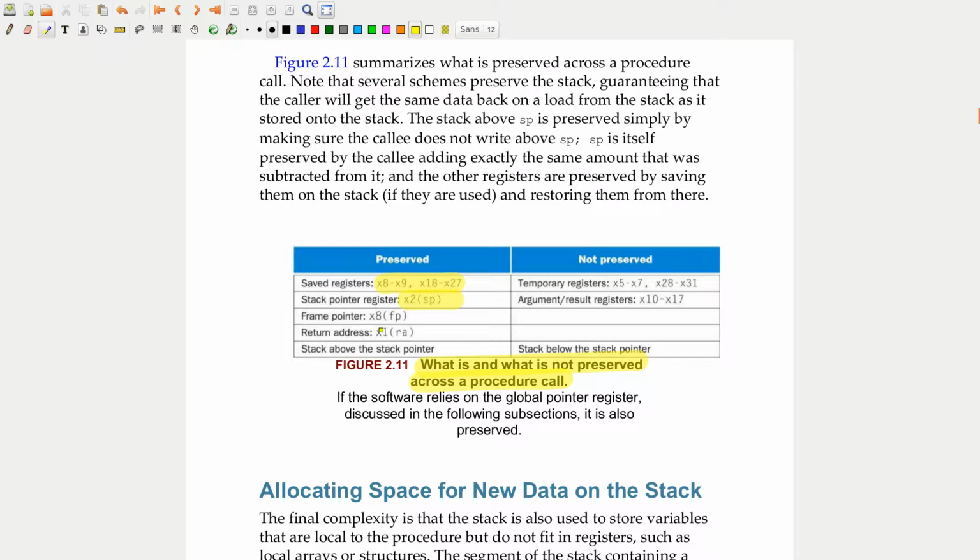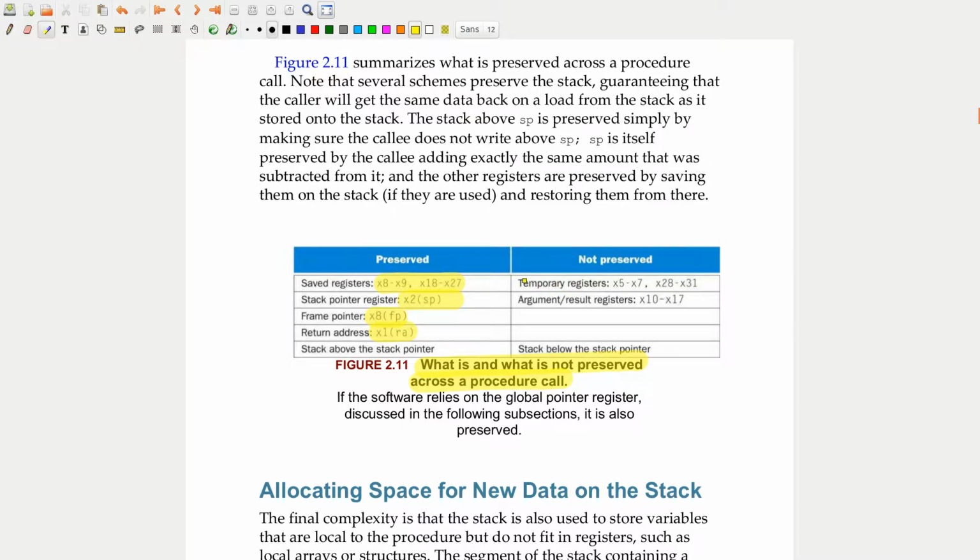That has to be preserved because that's where we're storing the data that we're trying to transfer to a procedure. There's a frame pointer that's preserved. There's a return address that has to be preserved so we know where to go back to. And then the stack above the stack pointer is preserved.